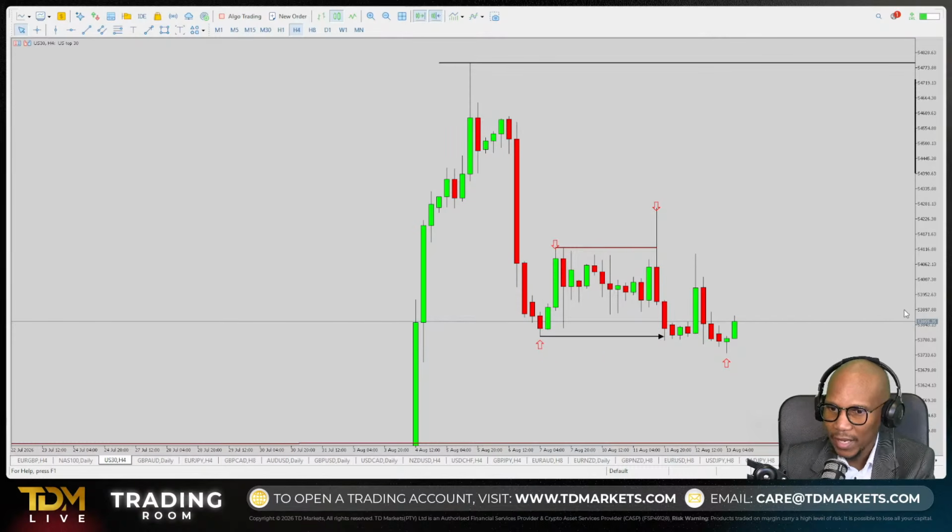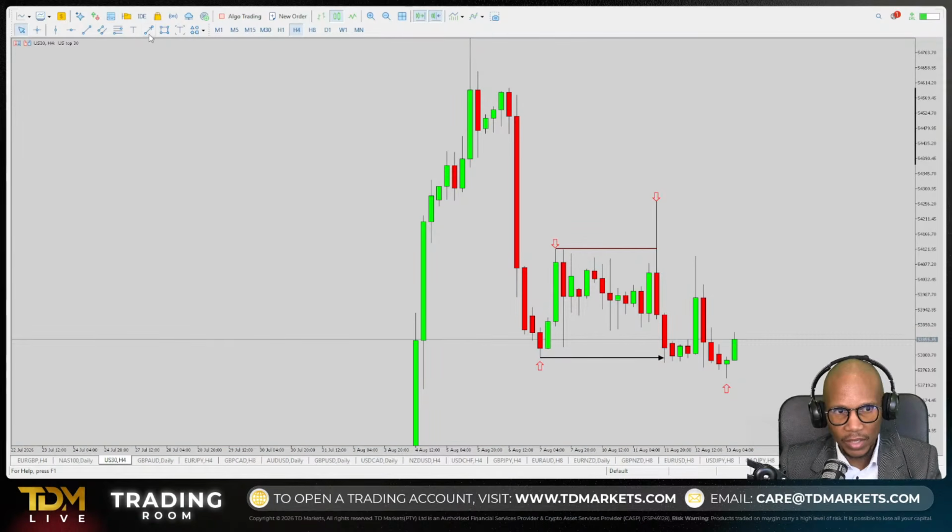Now, what could still happen here, guys, is that price could still create more lows, right? Price could still create another low, and maybe another one. The whole point here, especially in a correction like this, is it's not about which low will push price up.